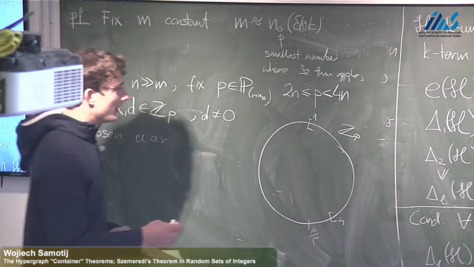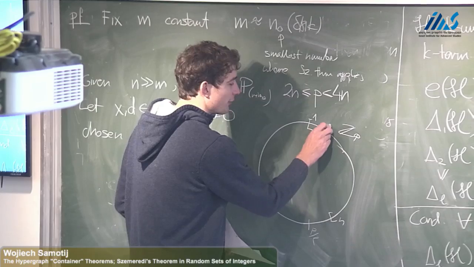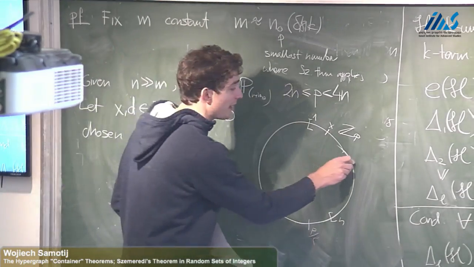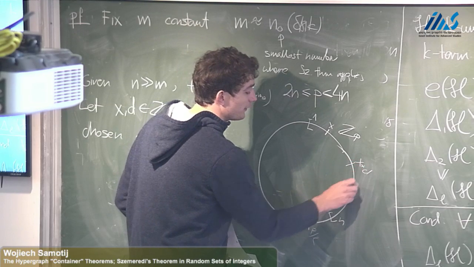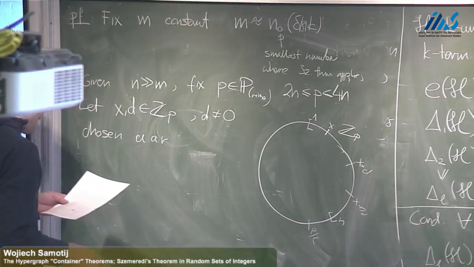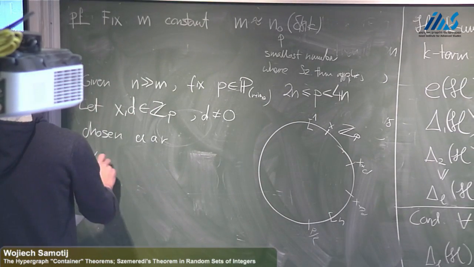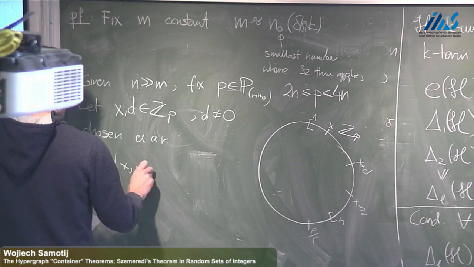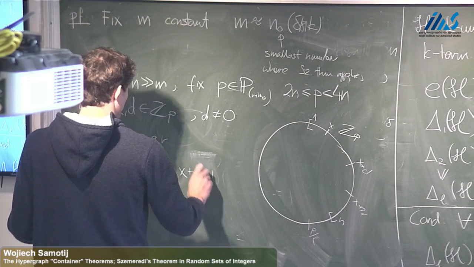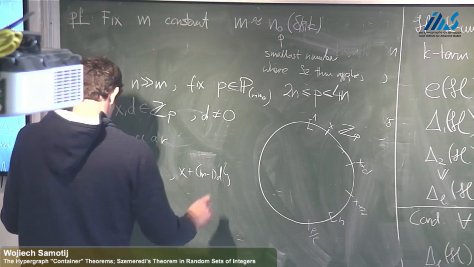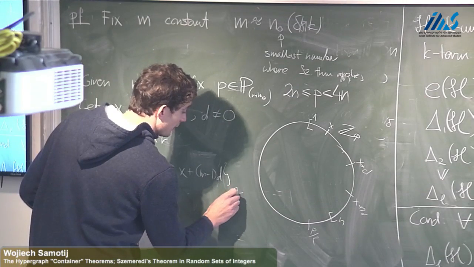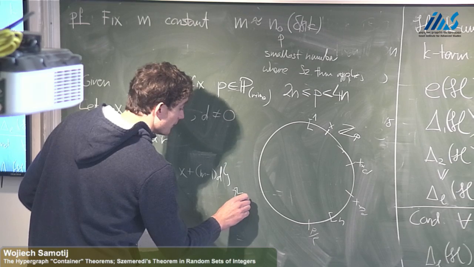And now I just consider the progression which starts at x with common difference d of length m. So x plus d, x plus 2d. It can wrap around many times. But let X just be x, x plus d, up to x plus (m minus 1)d.